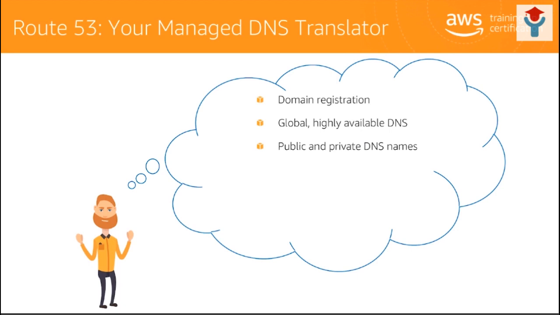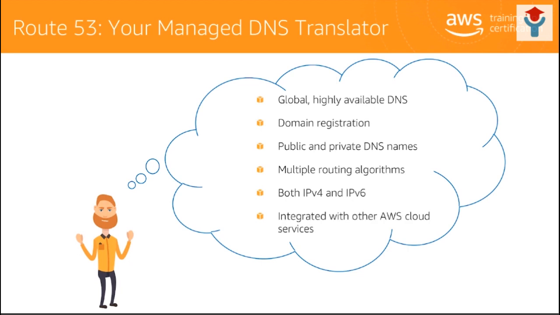These endpoints may be an Amazon EC2 instance, elastic load balancers, CloudFront distributions, or actually any endpoint available on the internet, even including resources located in an on-premises data center. Route 53 also offers multiple ways to route your traffic, enabling you to have more performance, high availability, and fault tolerance in your architecture. And it is also fully compliant with both IPv4 and IPv6. And because it is an AWS service, it's built to leverage and integrate seamlessly with many other AWS cloud services.